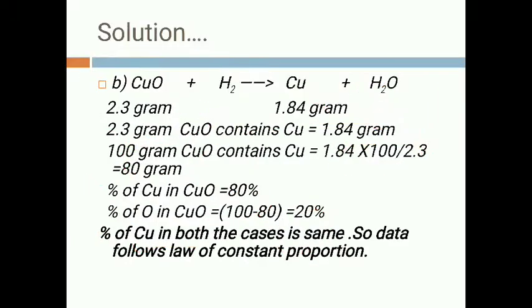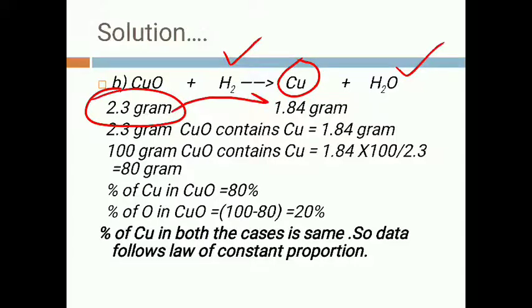Okay, so let's see the second method. In the second method it says that copper oxide, which is 2.3 gram, when it is treated with hydrogen, is reduced and changed to copper along with water. So the entire copper which is present in 2.3 gram of copper oxide is now 1.84. Okay, so the rest was the mass of oxygen in 2.3, and that oxygen has gone to water.